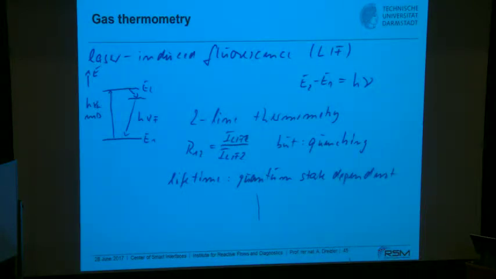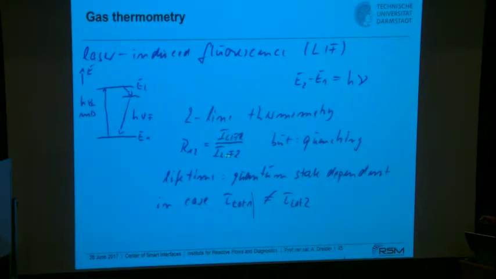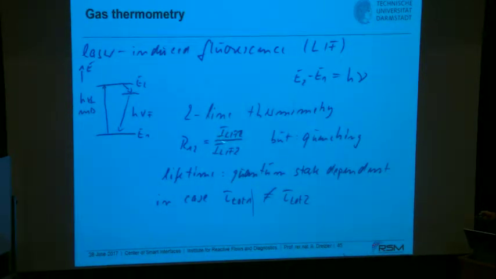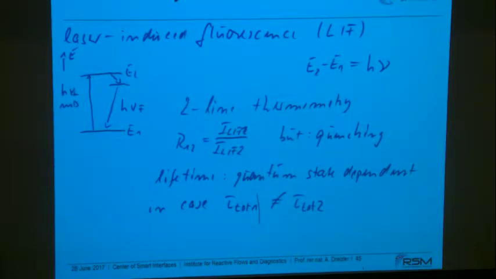And in case the lifetimes are different between these 2 involved states from which fluorescence takes place, if they are not identical, then this expression is not accurate, not really true, because the ratio of the total lifetimes is involved in this ratio as well.